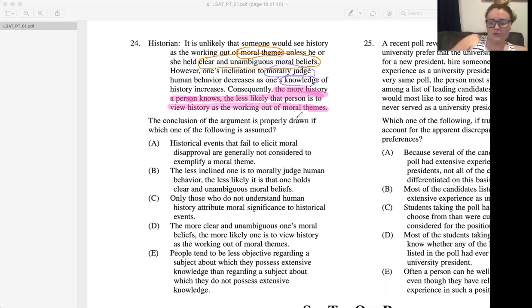If we look at our conclusion and at what variables we have, the more history a person knows comes from premise number 2, where we talk about the knowledge of history. But in our conclusion, it's right here: the more history a person knows, the less likely that person is to view history as the working out of moral themes. And that part comes from number 1.